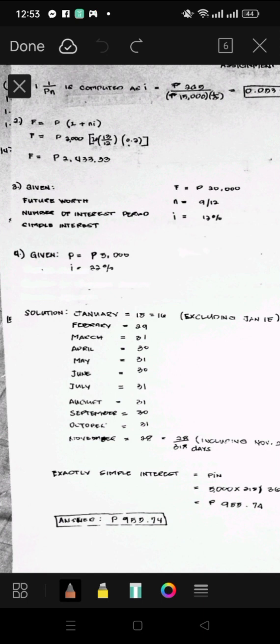So let's do direct substitution to our formula. F is equal to P times the quantity 1 plus n times i.